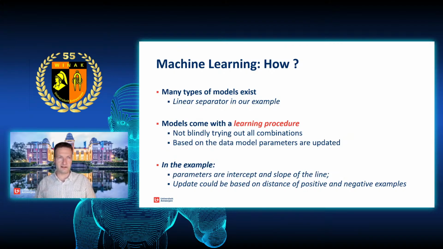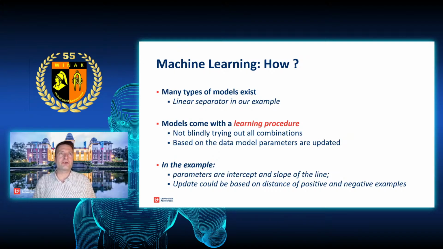We can, based on computing derivatives, do some kind of simulated annealing or hill climbing in order to find the best set of parameters. In this case, our parameters were the intercept and the slope of the line, and an update could be based on the number of positive and negative examples that are being correctly classified. So that is what machine learning is doing.